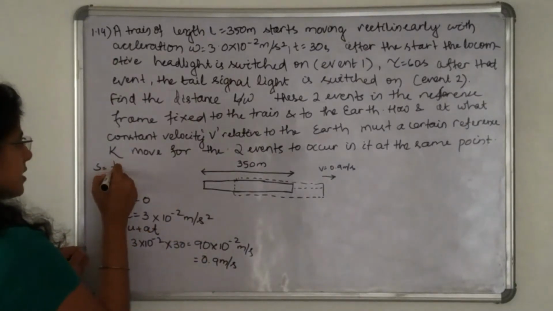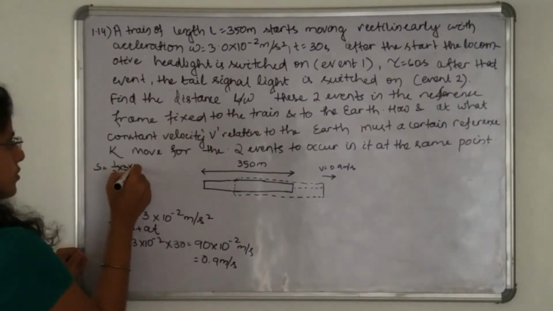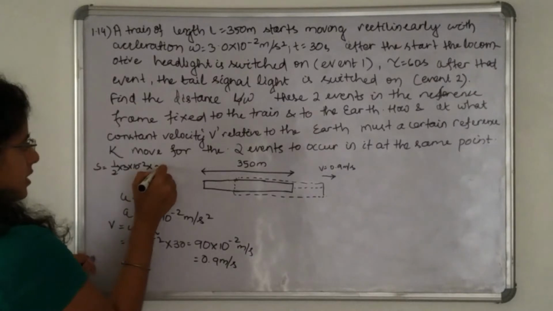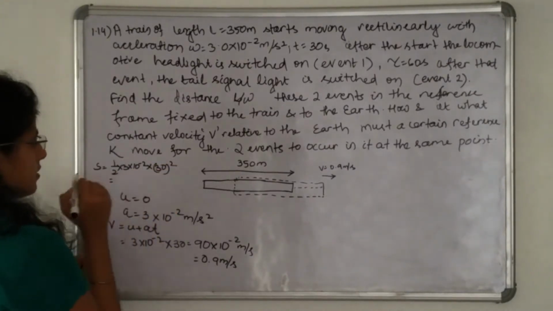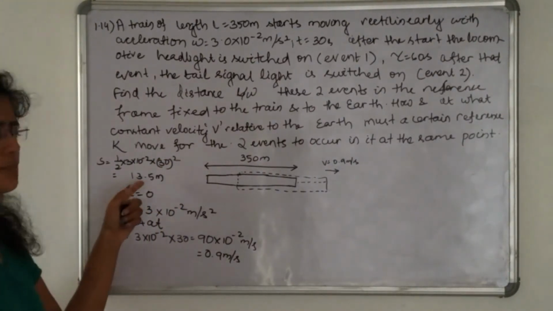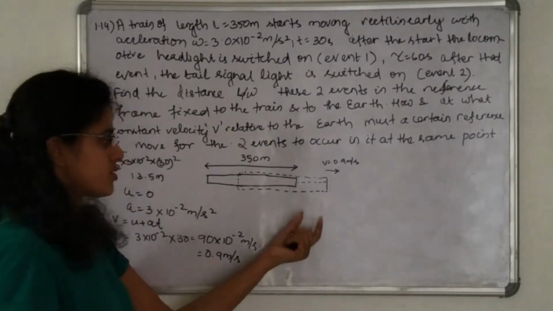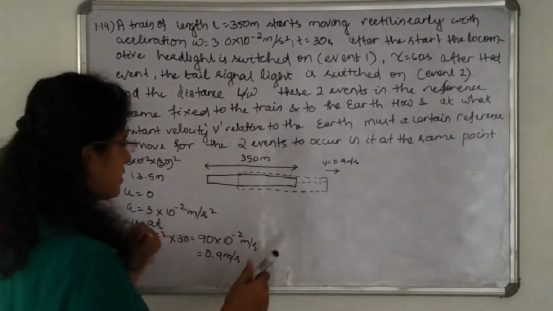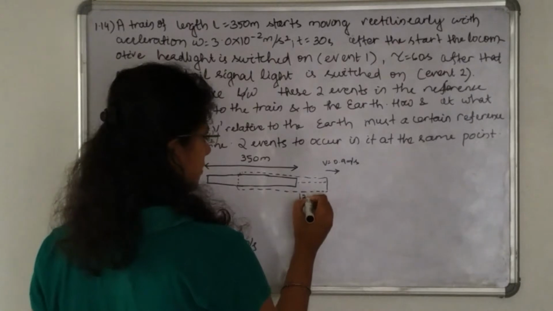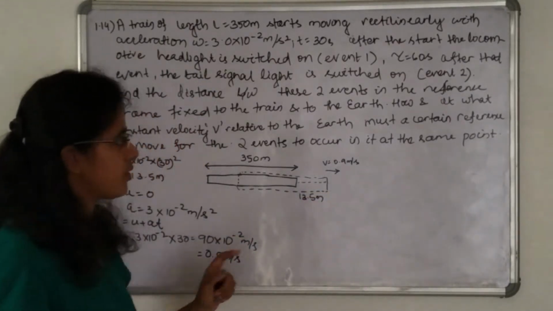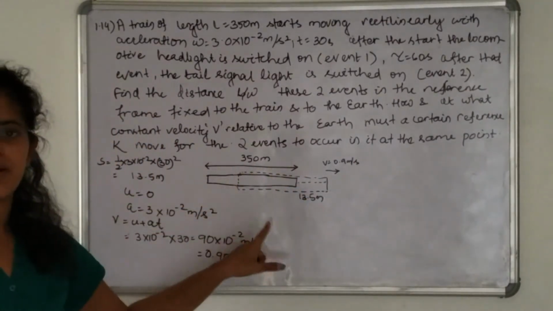So how much is it? Then it will be like 13.5 meter. Okay, so this distance we have found that 13.5 meter. Okay, so this is event 1.